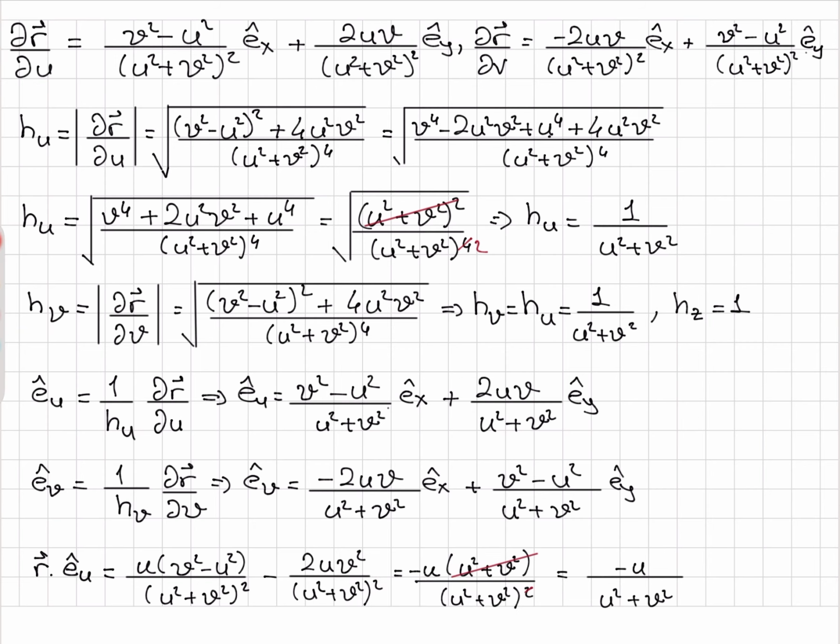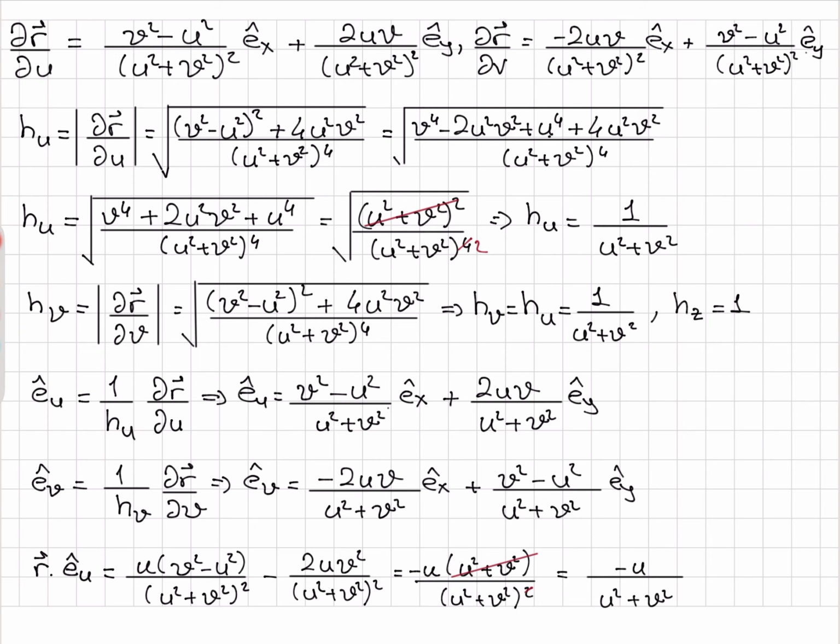And then 2uv multiplied by minus v, so that's what I have here. After the simplifications, I obtain minus u over u squared plus v squared, and for EV hat, I obtain minus v over u squared plus v squared. The resulting position vector is EU hat component times EU hat, v component times EV hat, z component times EZ hat. That's written this way.